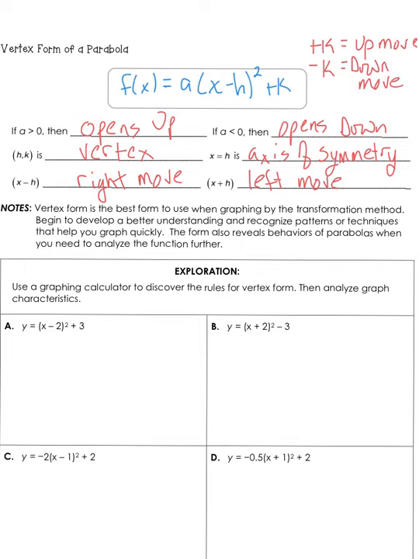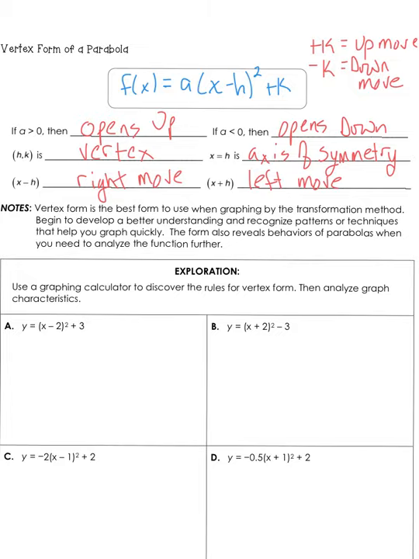And then of course, if the absolute value of a itself is greater than 1, you have a stretch. If a is between 0 and 1, meaning a fraction like 1/2, 2/3, 5/6, that's a shrink.